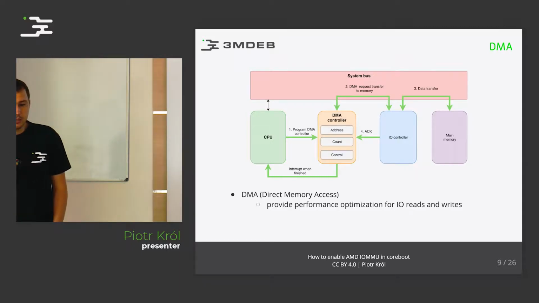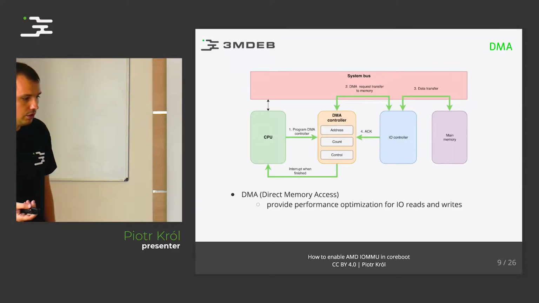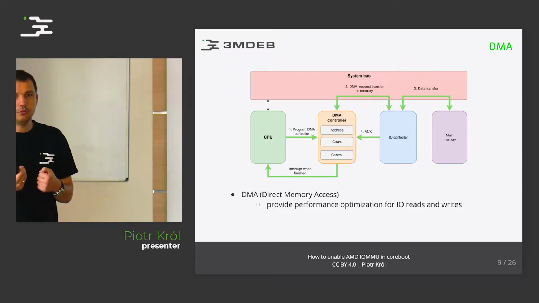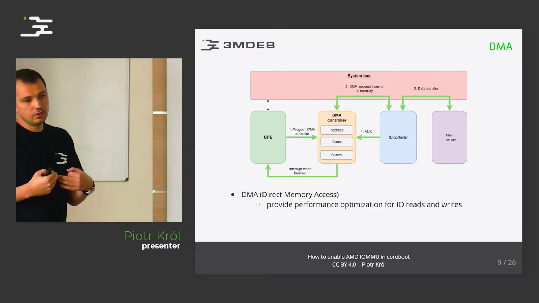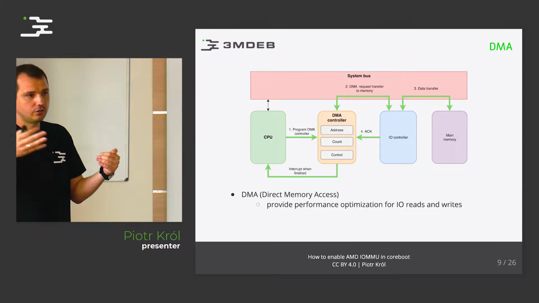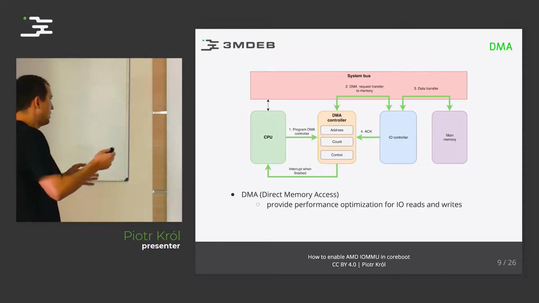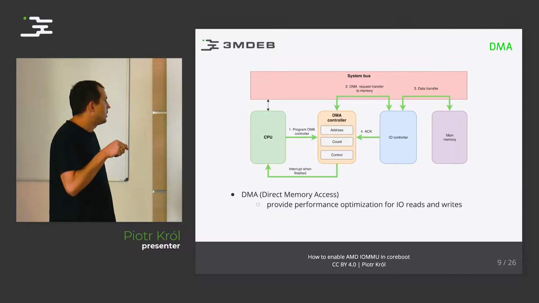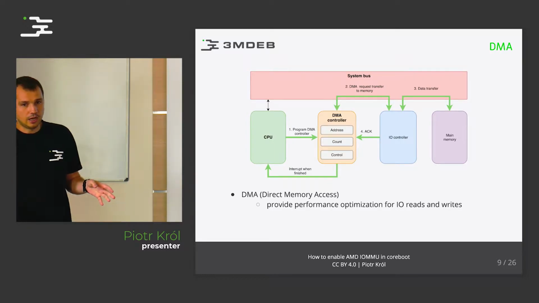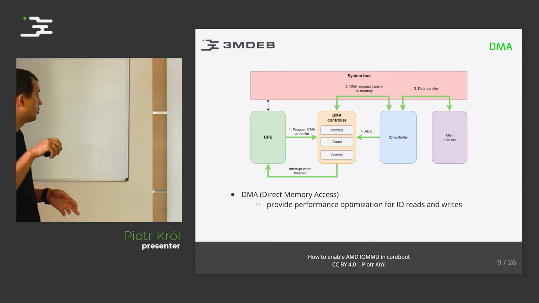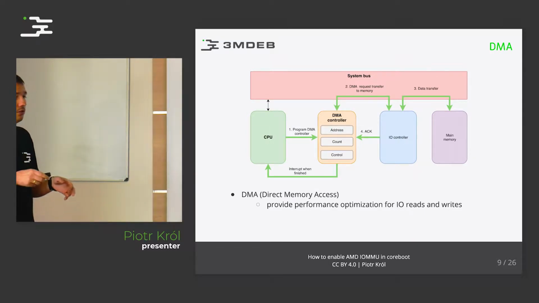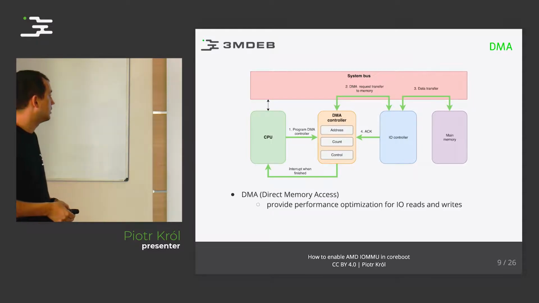Address says which location in memory we want to read from, or which location in memory we want to write to the device. Count is how much data we're reading or writing, and control says if we're reading or writing, or there may be other bits that help us.